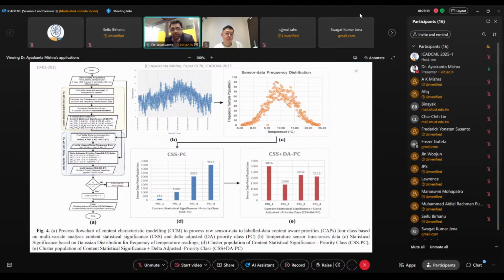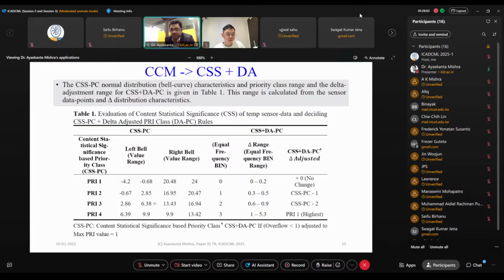Depending upon the anomalies, or the difference between the consecutive samples, we have tried to impact that into the priority of the sensor data. So finally, D and E are giving the content statistical significant priority class, and the content statistical significant plus delta adjustment priority class, as per this table.